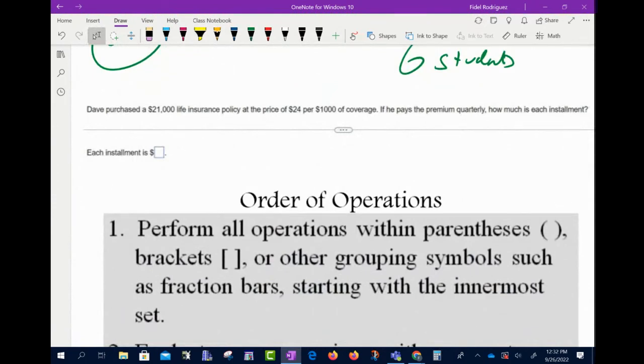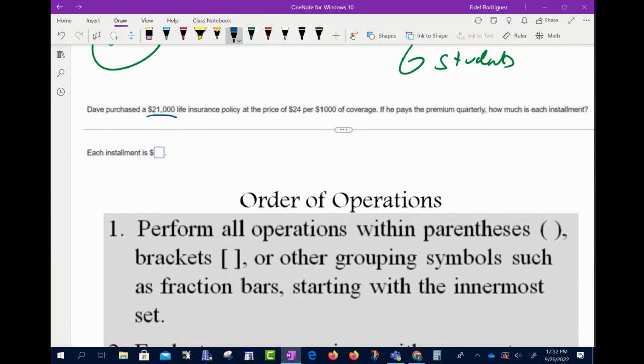All right, for the next problem, y'all, it says Dave purchased a $21,000 life insurance policy at the price of $24 per $1,000 of coverage. If he pays the premium quarterly, how much is each statement or installment? Okay, let's figure this out.